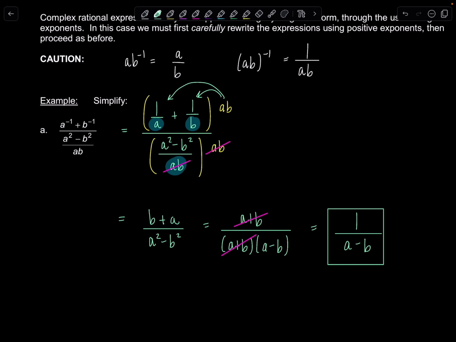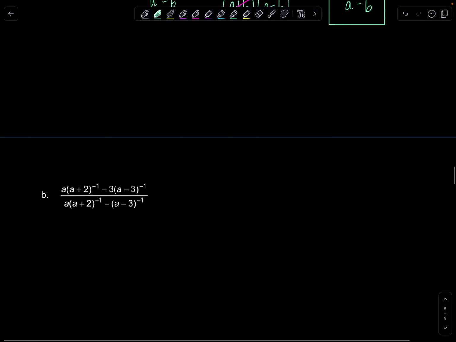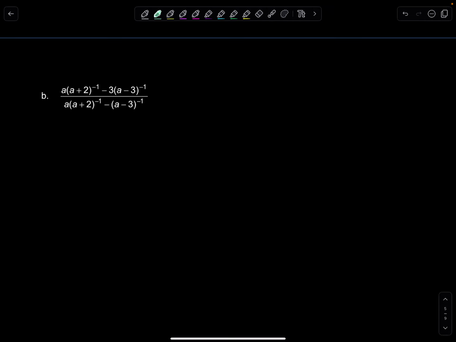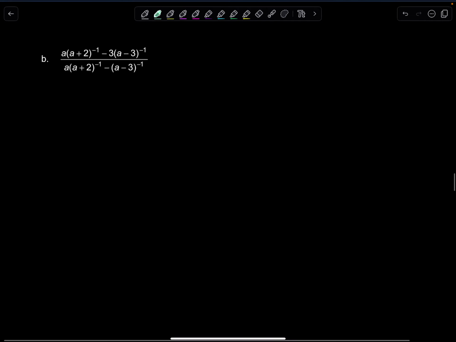Okay, one more like this, and then we'll get into the calculus problems, okay? A times A plus 2 to the negative first minus 3 times A minus 3 to the negative first over A times A plus 2 to the negative first minus A minus 3 to the negative first. So again, first things first, rewrite the negative exponents as fractions with positive exponents.